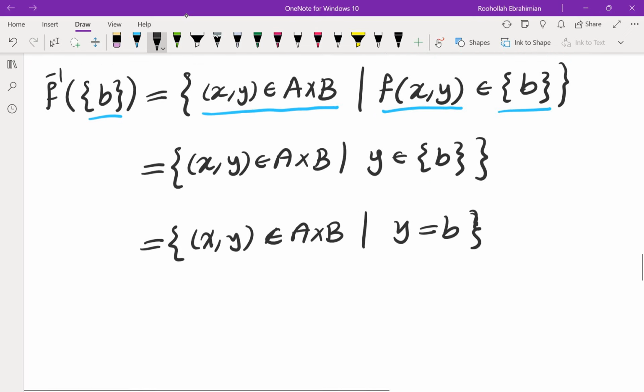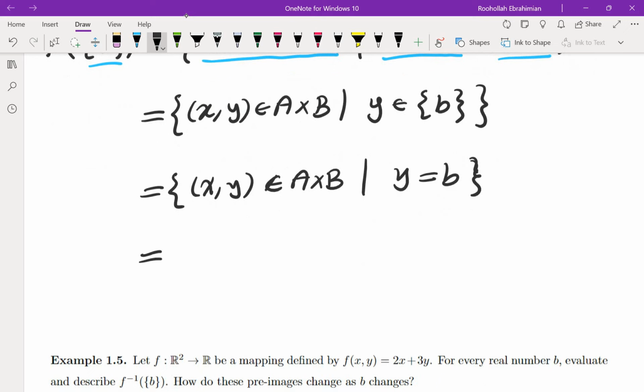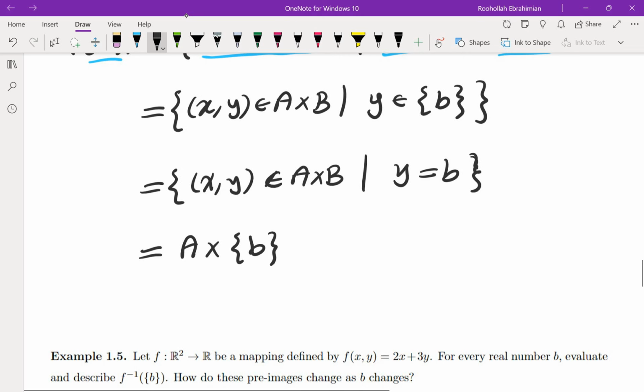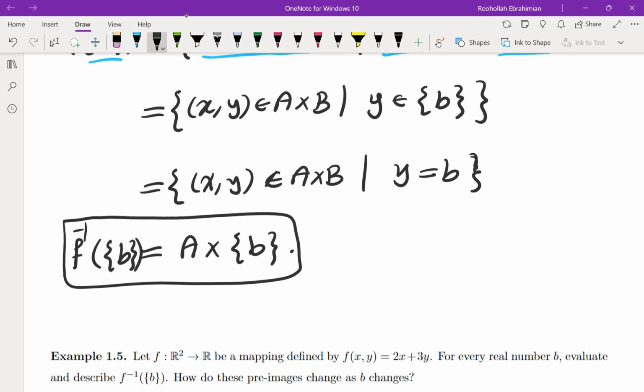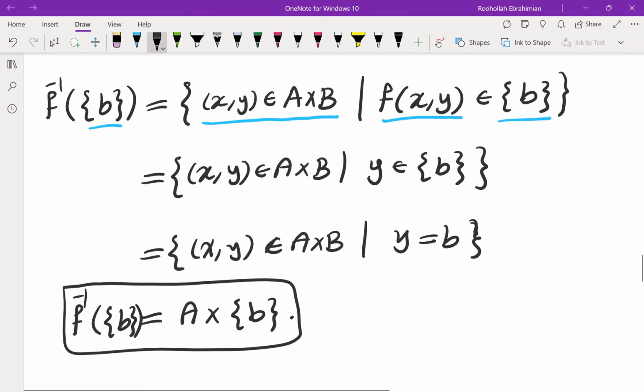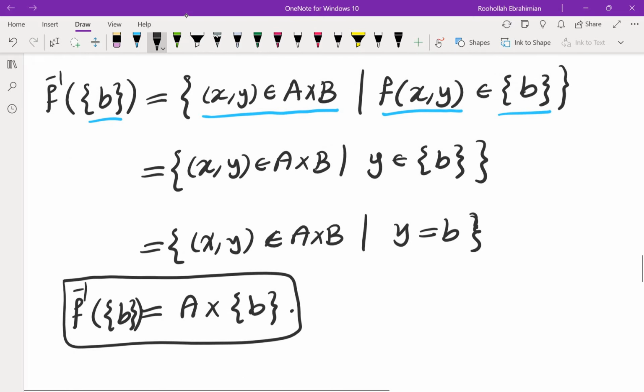So it is all of the elements that the second component is b. The first component could be anything. So it means it is A cross {b}. So this is the F inverse of {b}, all of the elements with the second component of b. And that completes the solution of this example.